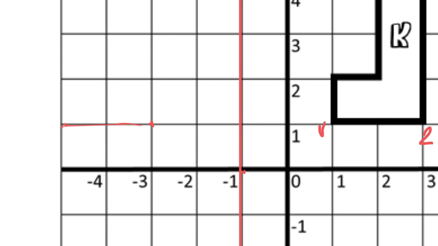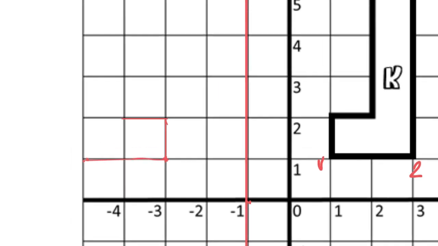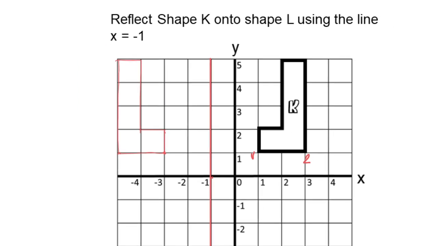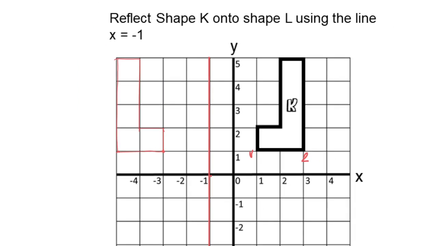Draw my line in. And do that for each of the points until I've created the reflection in the line x equals minus 1.